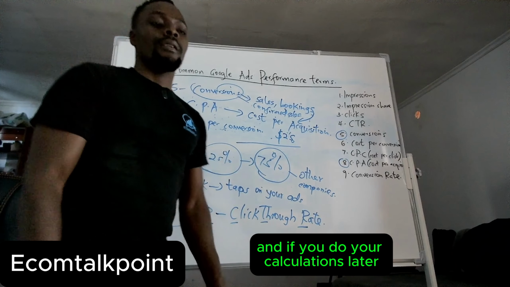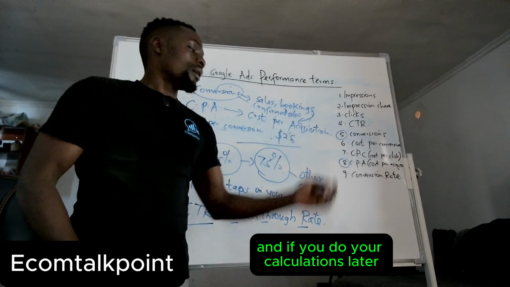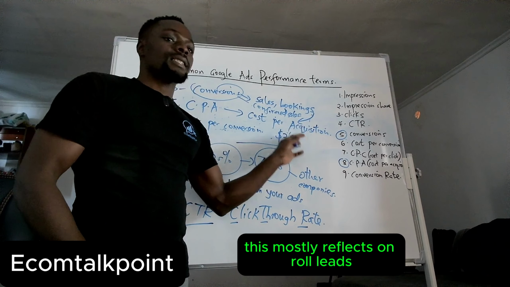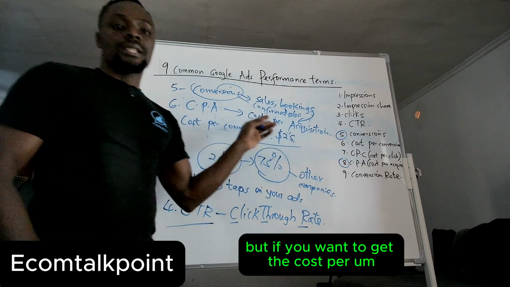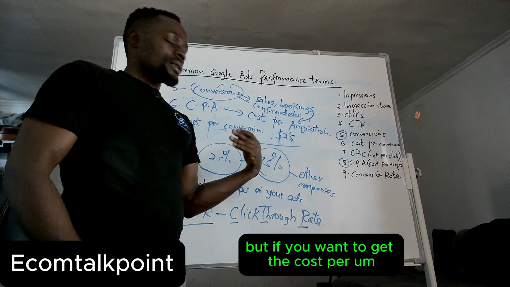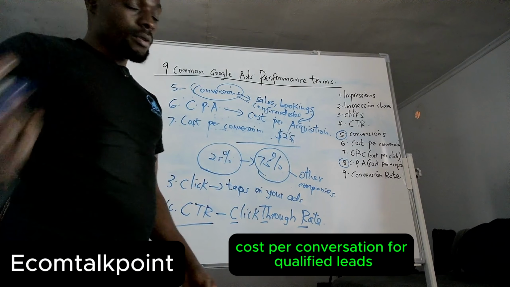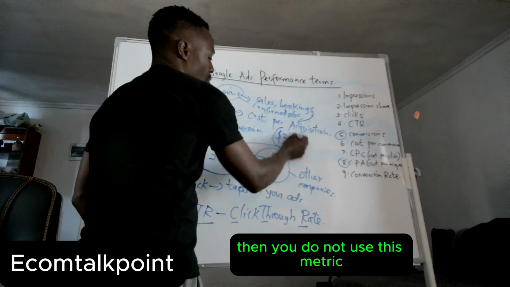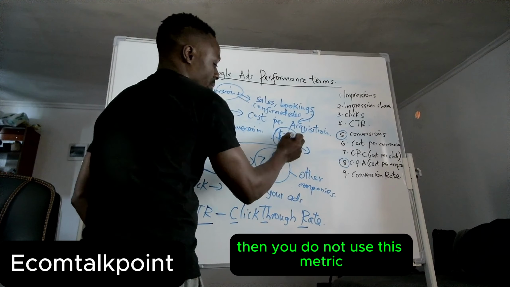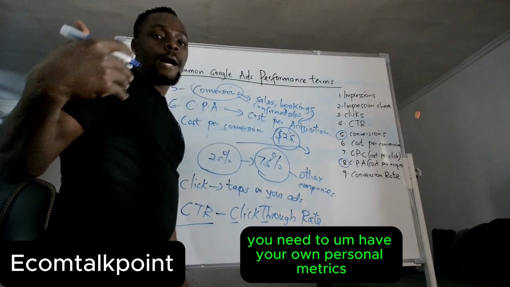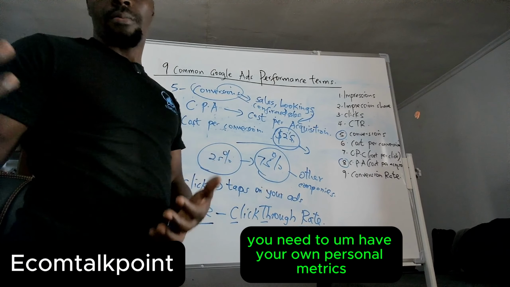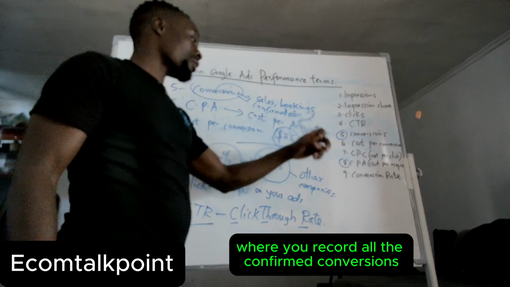and if you do your calculations later, this mostly reflects on raw leads. But if you want to get the cost per conversion for qualified leads, then you do not use this metric. You'll need to have your own personal metrics where you record all the confirmed conversions.